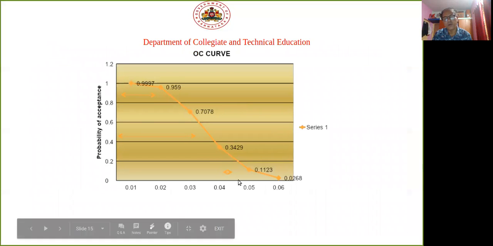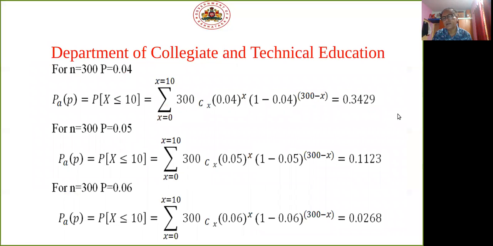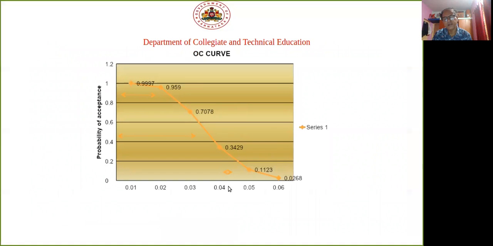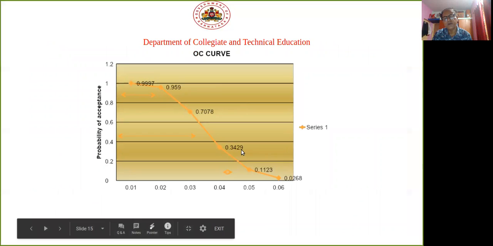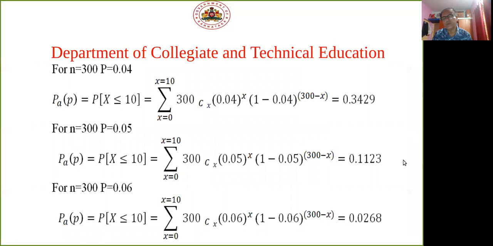Next, for 0.04, it is 0.3429. For 0.05, it is 0.1123.